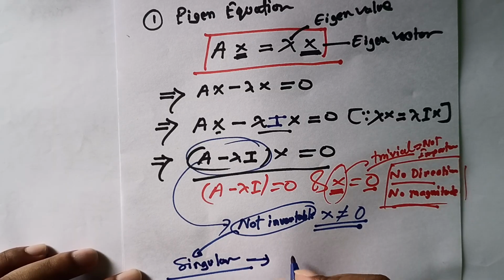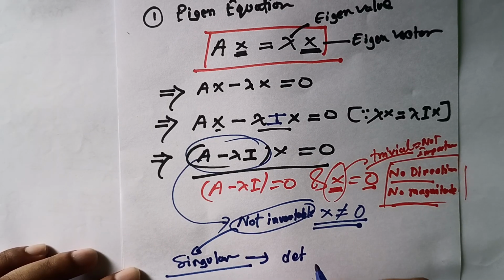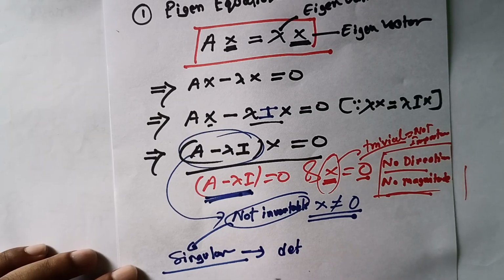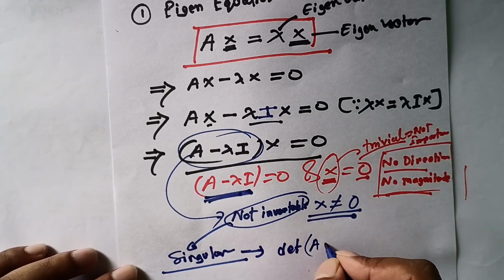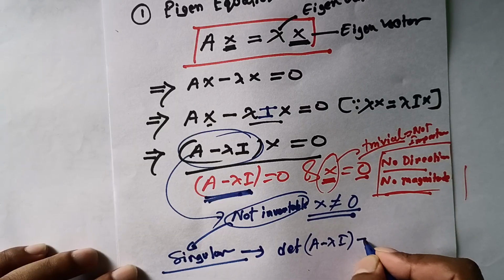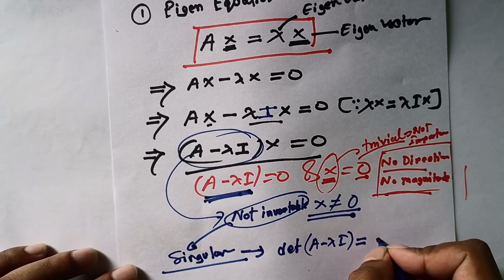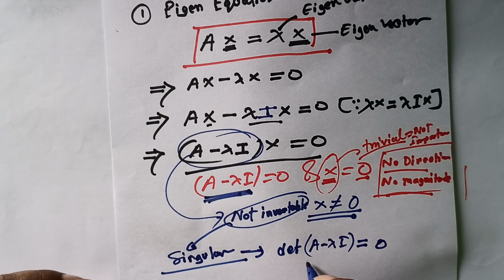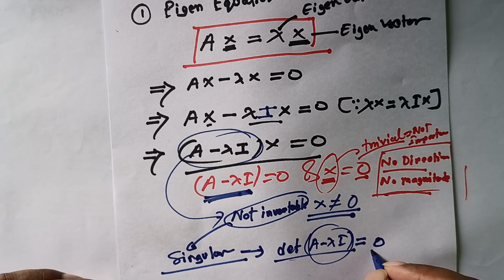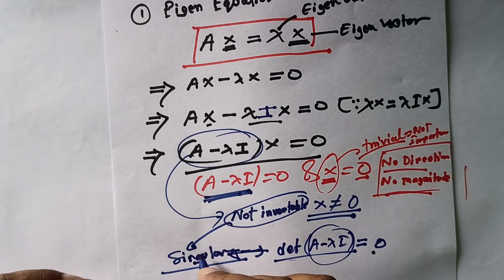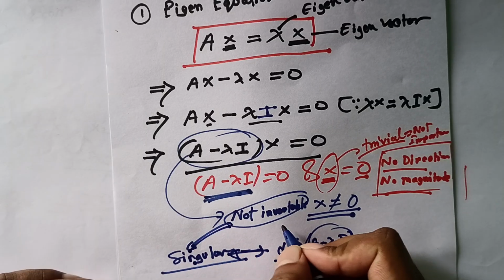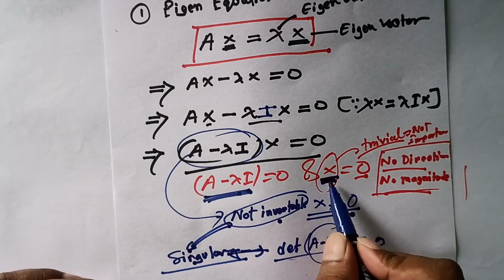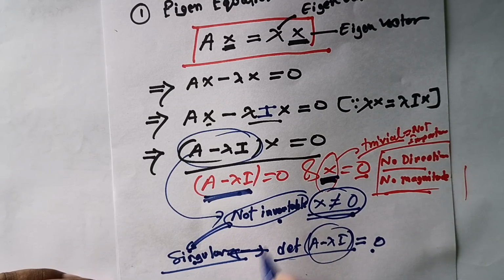When a matrix is singular, its determinant is 0. So for this matrix, the determinant of A minus lambda I will definitely have to be 0. If the determinant of some matrix is equal to 0, then it is known as singular. And singular means it's not invertible. That is how we will have a solution for x which is not equal to 0.